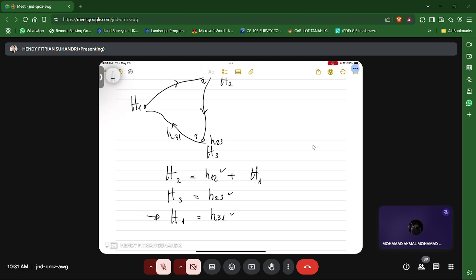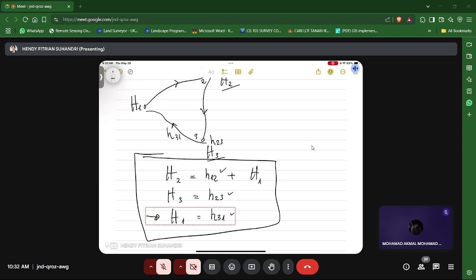Okay. And the unknown would be? Capital H. Which one? H2 and H3. Well, H1 is already known. Okay. Right? So if we have this equation, but this equation is not an observation equation.